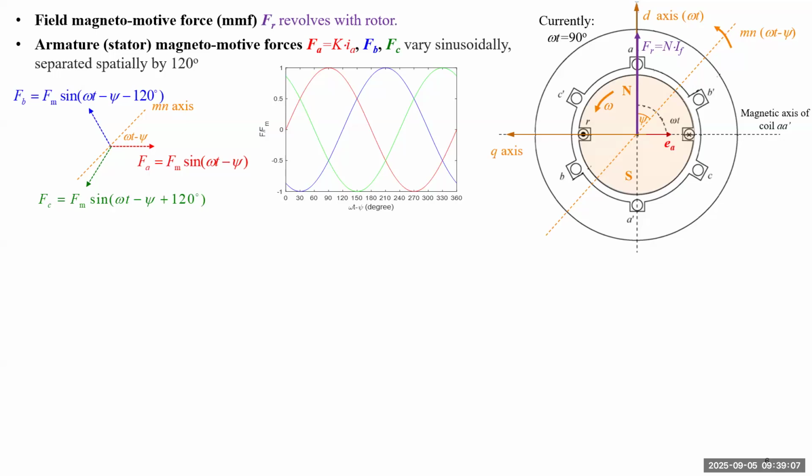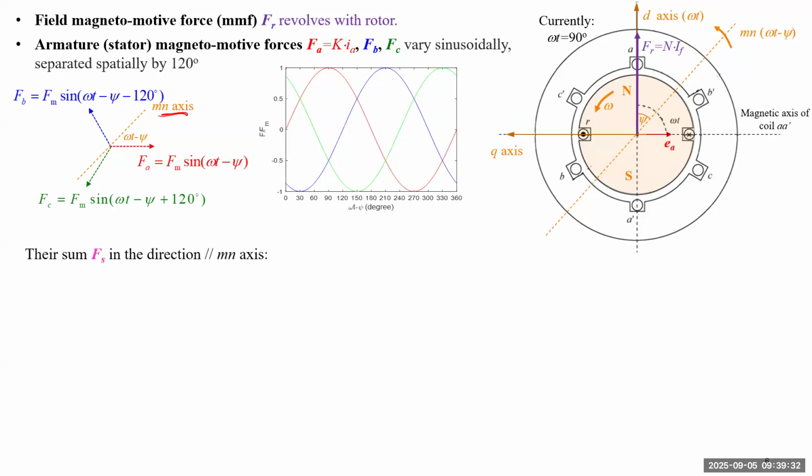But there's also the power factor, which determines when the current reaches a maximum value. So we still need to keep in mind psi, which is the power factor angle. So we draw this axis, psi, which we call the MN axis, which indicates when the current will reach the maximum value.